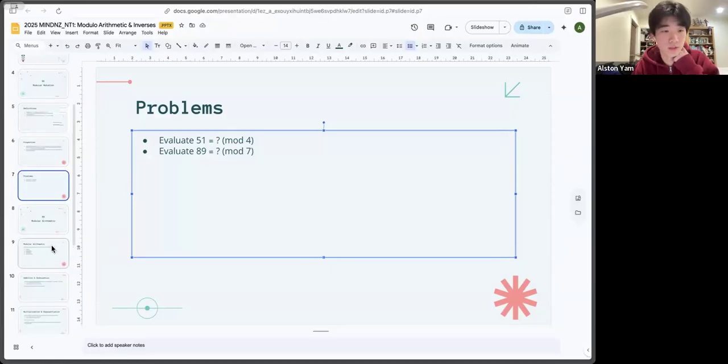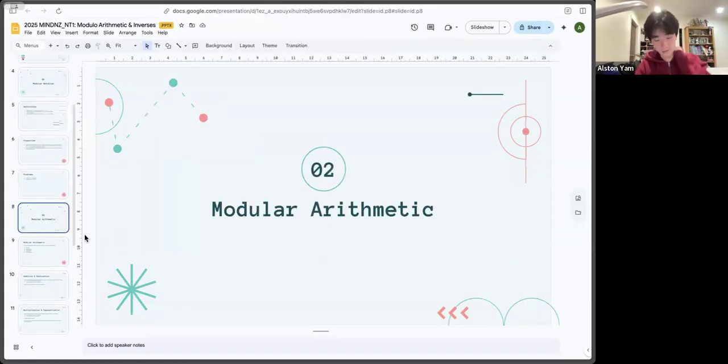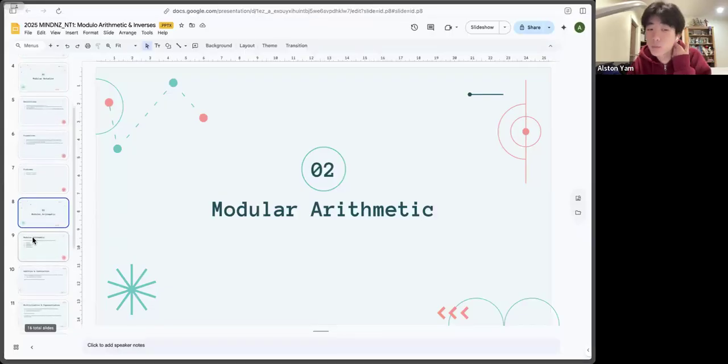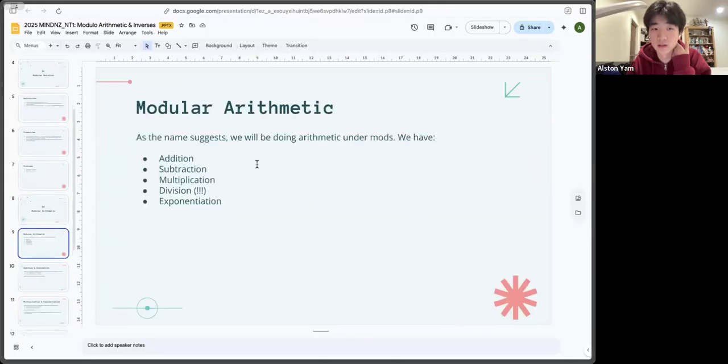Let's go on to the more interesting part, and that is modular arithmetic. So we'll be doing arithmetic. And when we think of arithmetic, the most common thing I would think about is the following: addition, subtraction, multiplication, division, and exponentiation, which is just repeated multiplication, as I'm sure we all know.